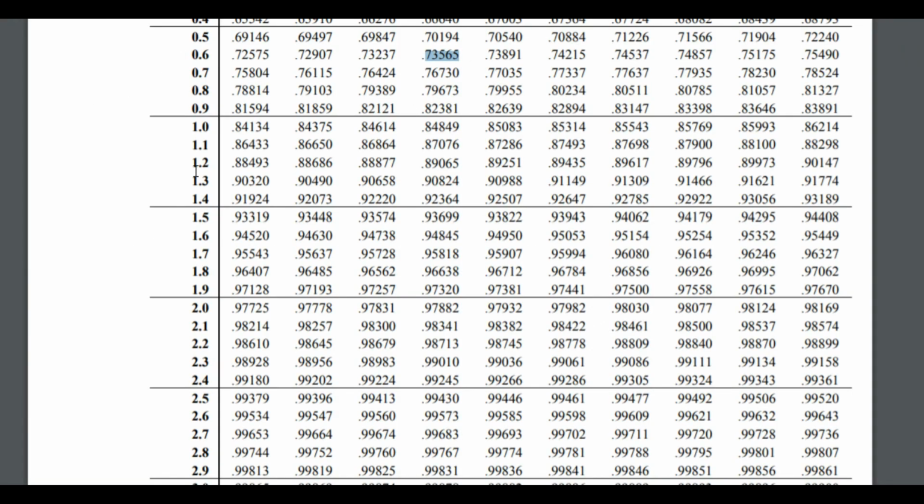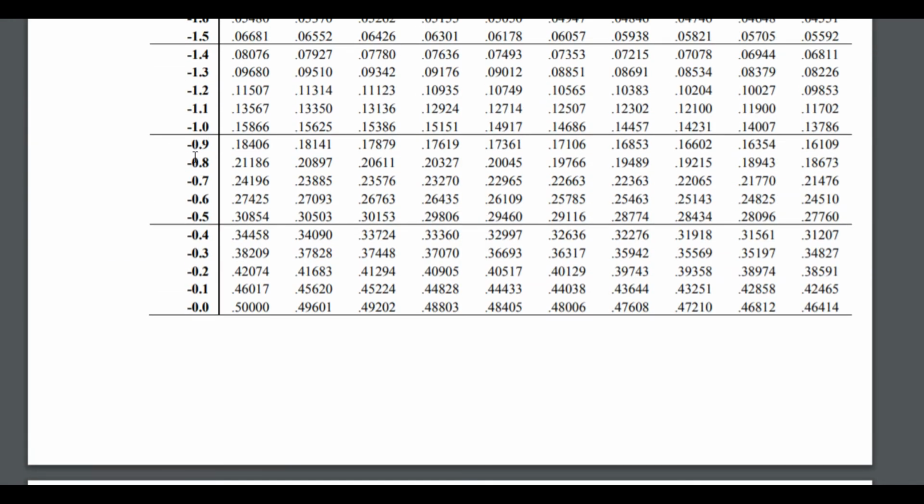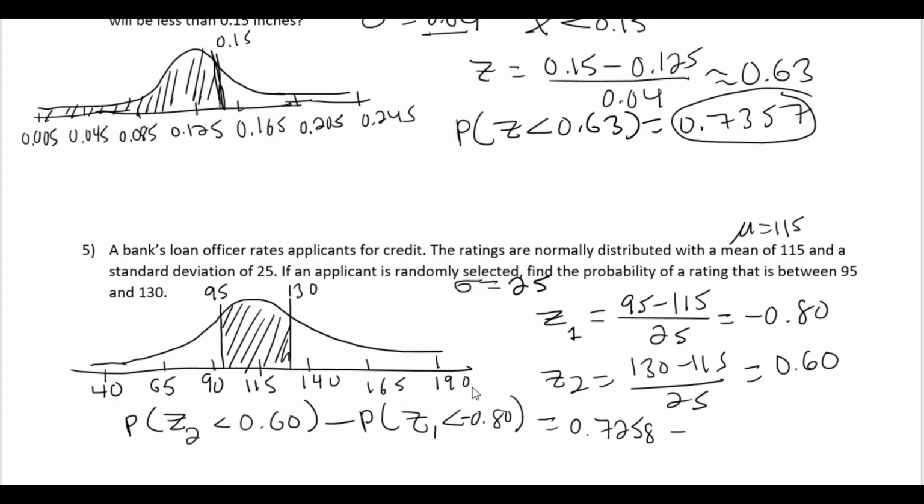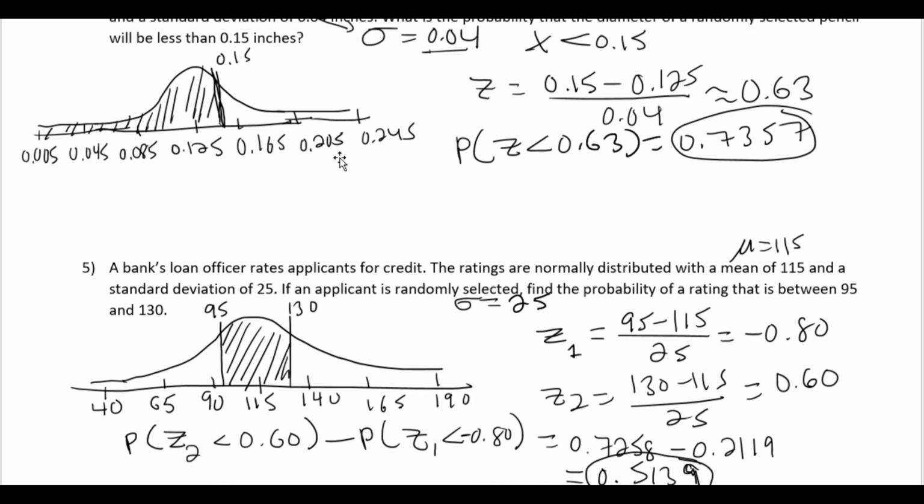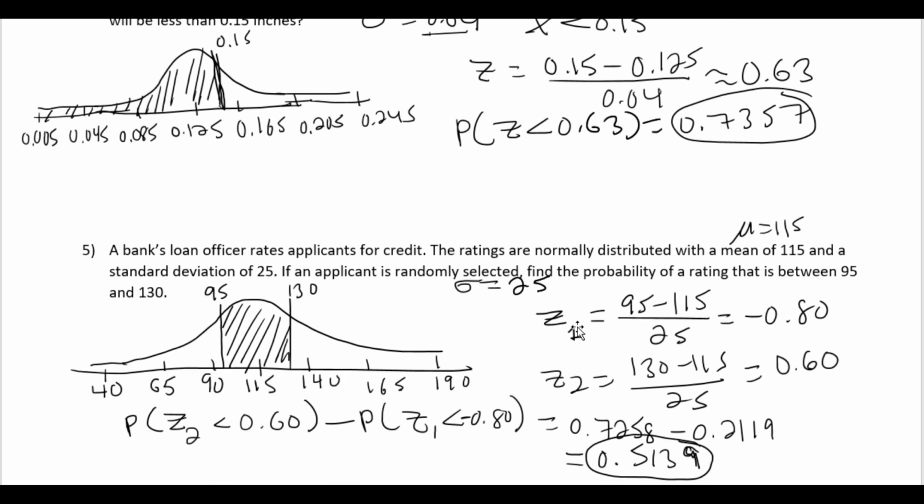Now we want negative 0.80. 0.2119. So we will subtract those and get our final answer. So you get 0.5139. So a little over 50% chance that this will happen, that you'll get somebody with a rating between 95 and 130 based on this data.